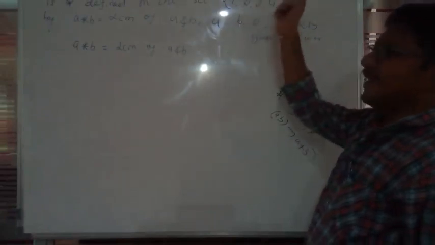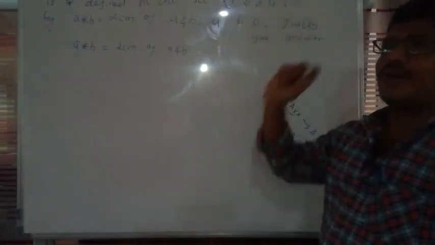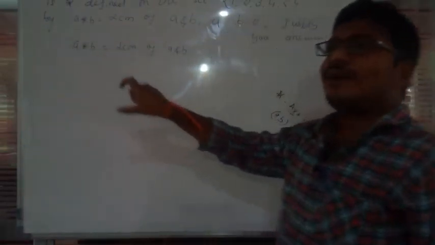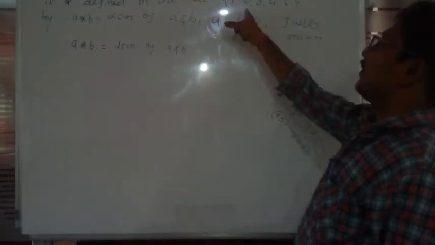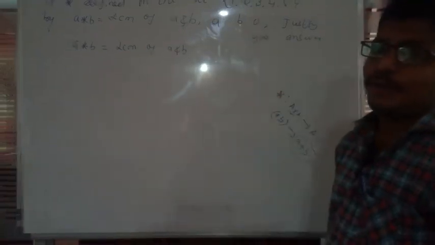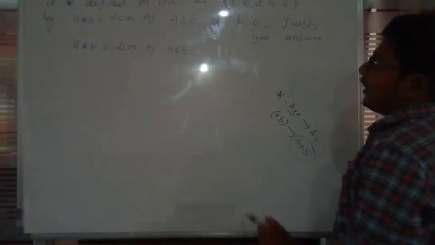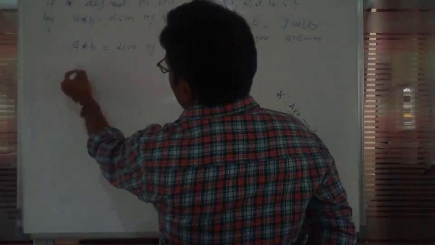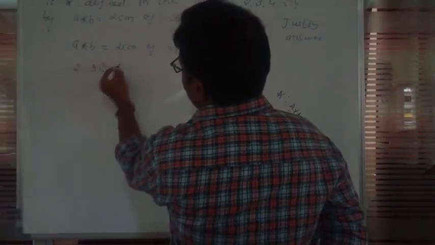Out of that set we select two numbers, and put them in A star B, taking the LCM of those two numbers. If that number is present in the set, it is a binary operation; otherwise it is not. That is the procedure for testing a binary operation. So I will take A and B as 2 and 3, which belong to that set.